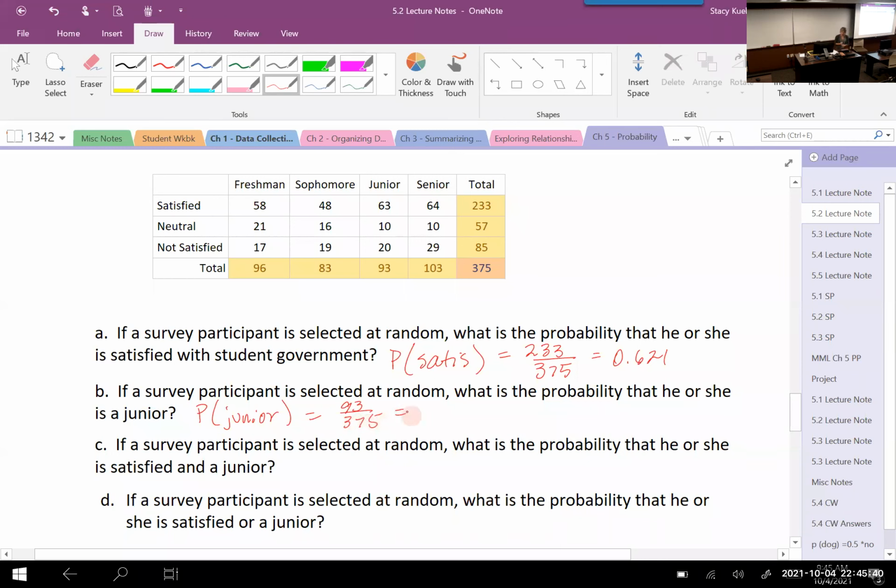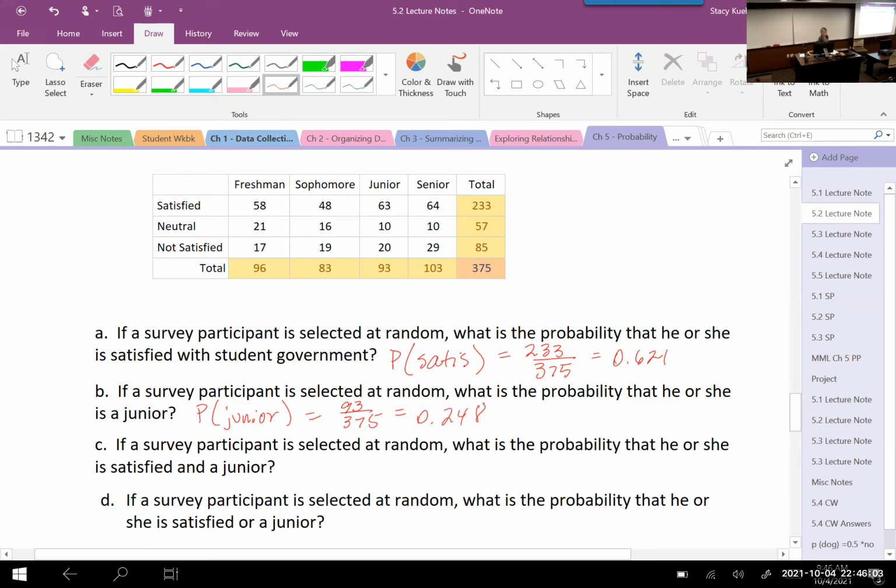So 93 divided by 375 ends up being 0.248. So it's a 25% chance that I pick somebody who was a junior. And that, again, is an individual event. We're just trying to find the probability of picking a junior.